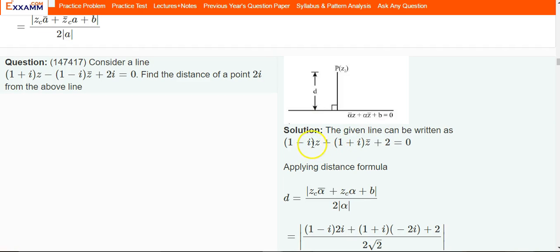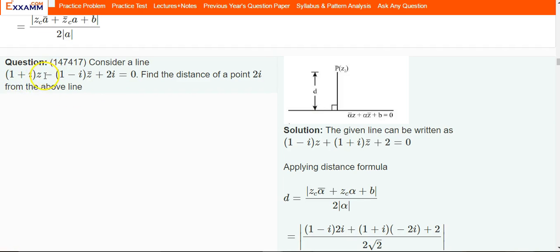Now in this equation what is the value of alpha bar? Just before we start, we see that this is 2i, and we have mentioned time and again that this should be real. So what do we do? We divide it by i.